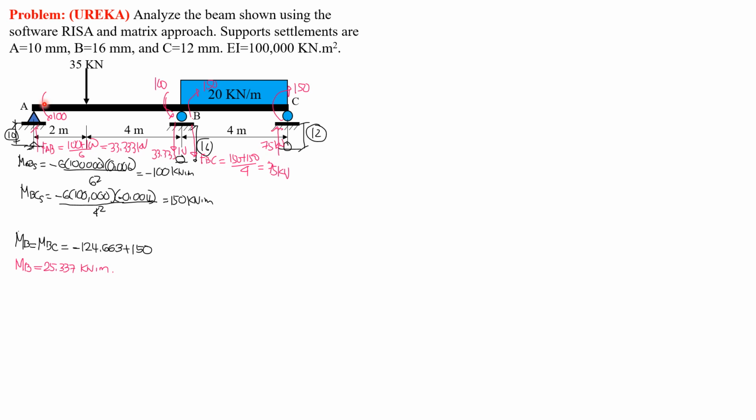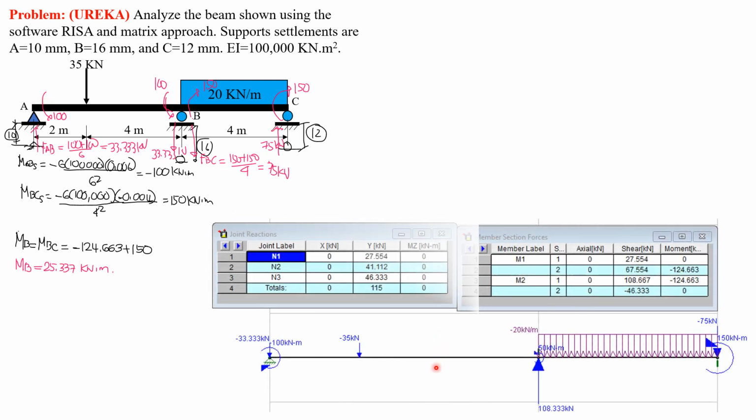So when we load the beam in RISA, these are the original loads. Then due to the couple, we have a clockwise moment of 100, so that's negative 100 in RISA, because counterclockwise is positive. And this fixed end force, which is 33.33 kilonewtons upward here, so the load is downward.